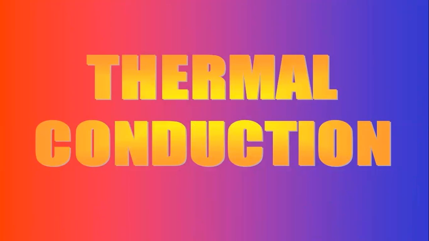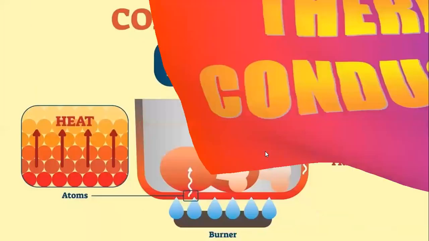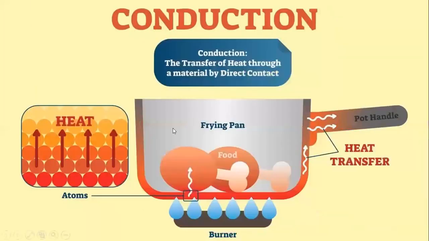Another property of matter is thermal conduction. Conduction is the transfer of heat through a material by direct contact. If we put a pan on a stove to prepare food, the heat transfers from the stove to the pan and the food will be cooked.